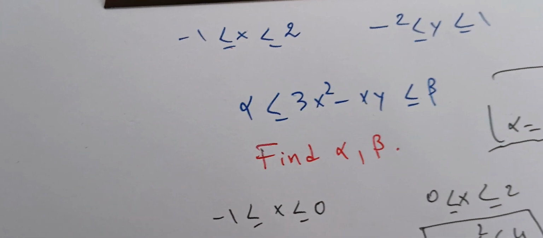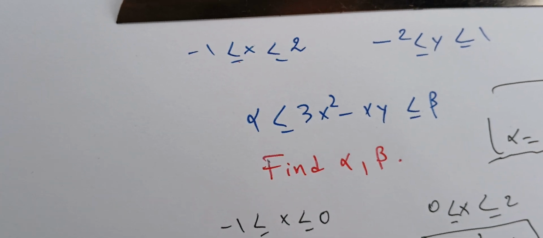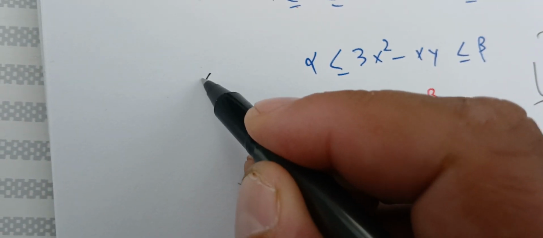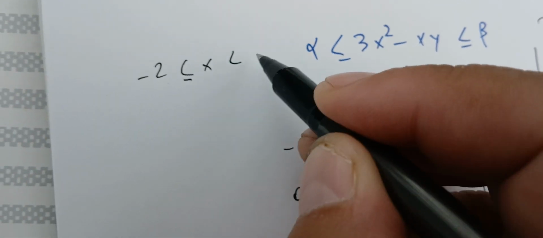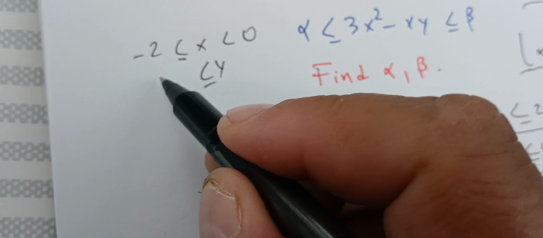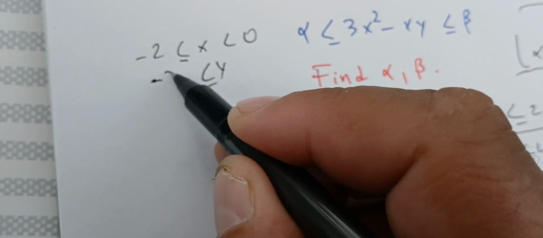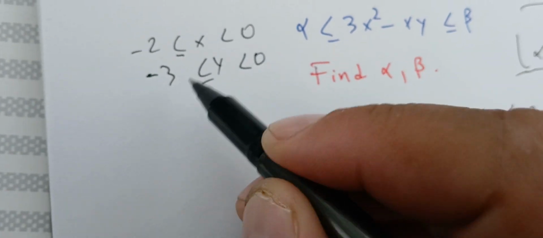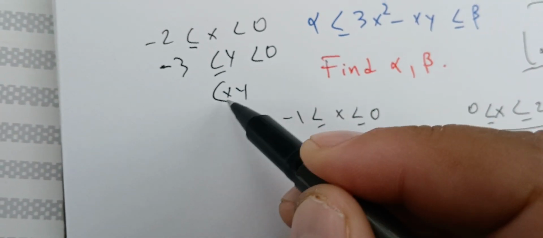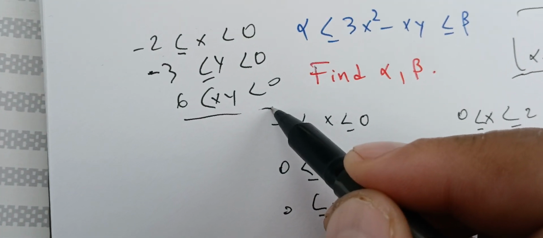Okay, why can't we make everything negative? Sometimes something bad can happen. If we let x be between minus 2 and 0, and y is between minus 3 and 0, once we multiply without switching to positive, we're gonna get xy is between 6 and 0, which is wrong.